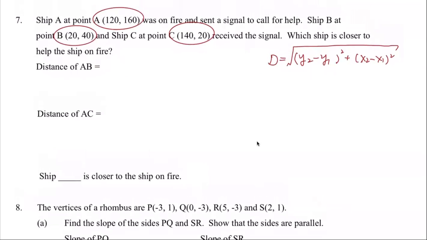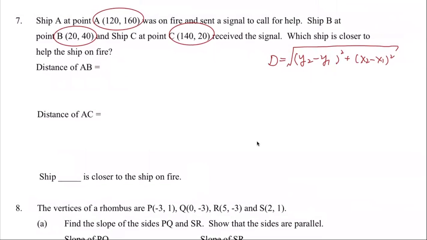Okay, so distance of AB is equal to the square root of 160 minus 40, that's 120 squared, right? Plus 120 minus 20, that's 100, 100 squared, and square root.